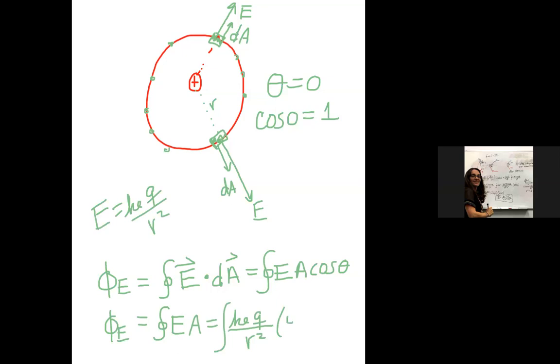And what is the surface area of that sphere? 4 pi r squared. And you basically get things to cancel and come out of the integral. k_e is a constant, q is a constant, 4 is a constant, pi is a constant. And you get that the electric flux is just 4 pi k_e q.